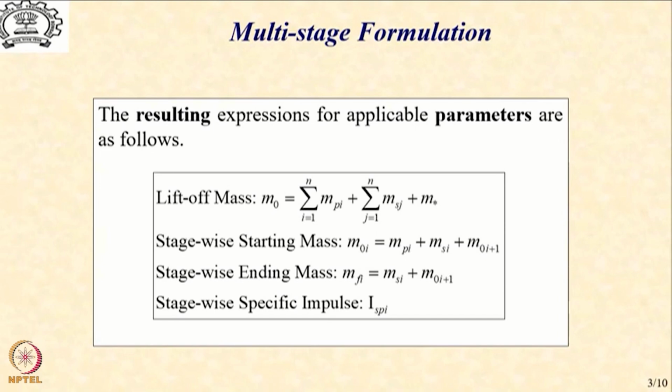And now we introduce an important definition, the stage-wise starting mass, as the mass of that particular stage given by MPi plus MSi and the mass of everything that is above it given by M0(i+1). Similarly, stage-wise ending mass would be M0i minus MPi. So you can see that in this expression of MFi, MPi does not appear. And then of course we have the stage-wise specific impulse ISPi.